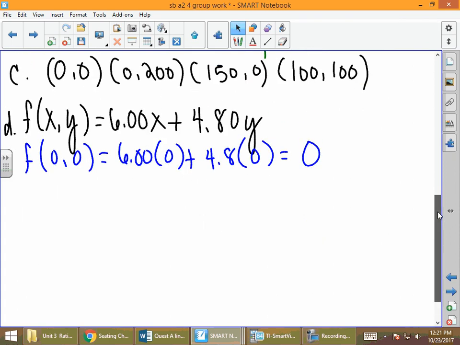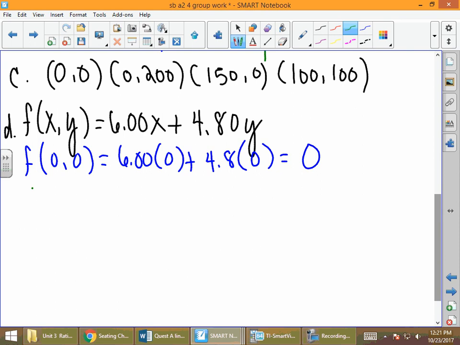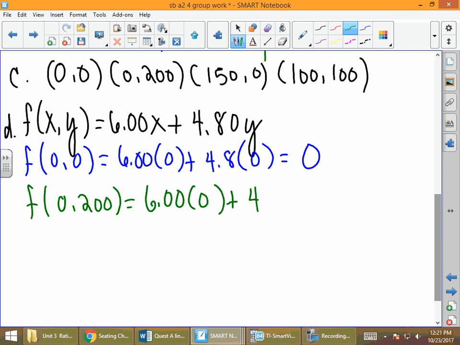Then we'll do f of 0, 200, which is 6 times 0 plus 4.8 times 200. And when we do that, we get 960.